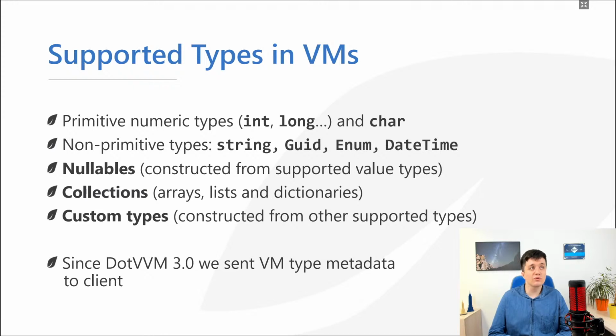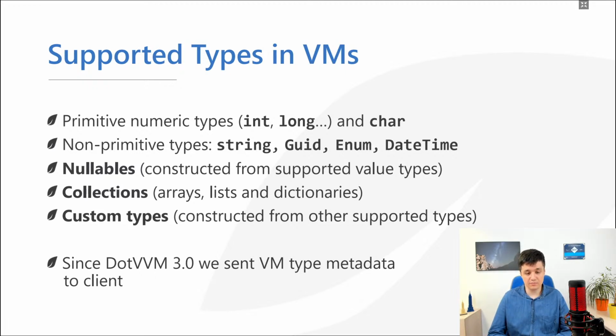And if you want to create your own custom types, the rule for that is very simple. Whenever your custom type consists only of previously supported types, your type is also automatically supported.